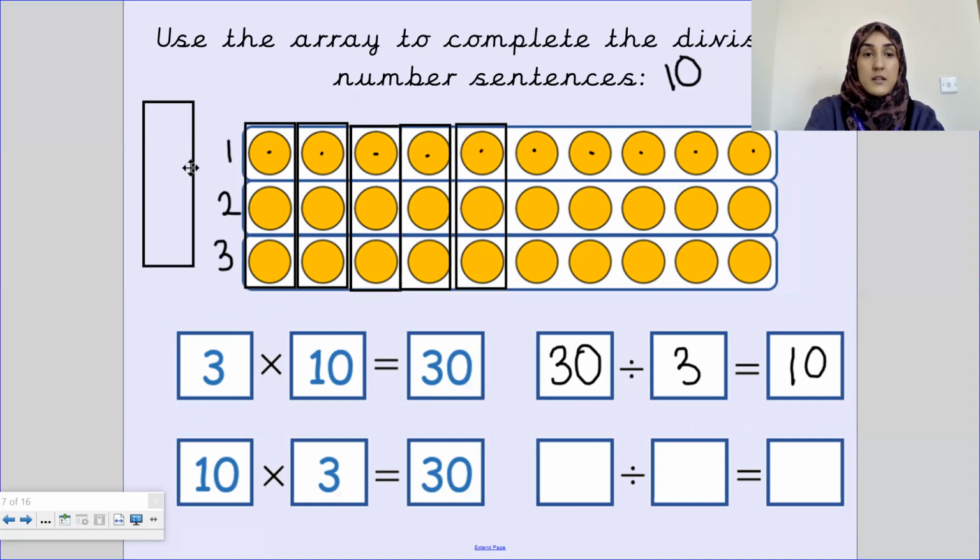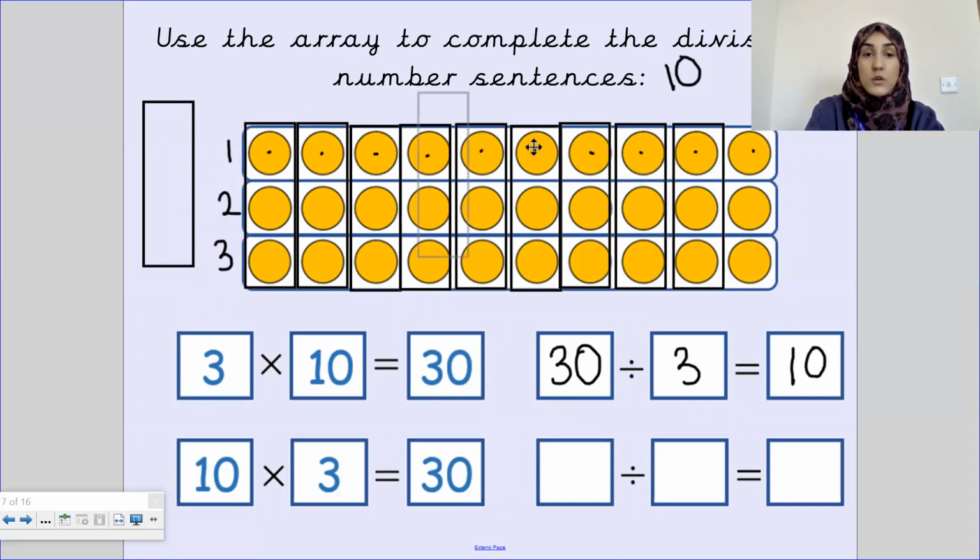Okay, that's 6. That's 7. That's 8. That's 9. And last one, for our last 3, that's 10. Okay, now I'm going to complete our division number sentence based on now this array has been split into columns.